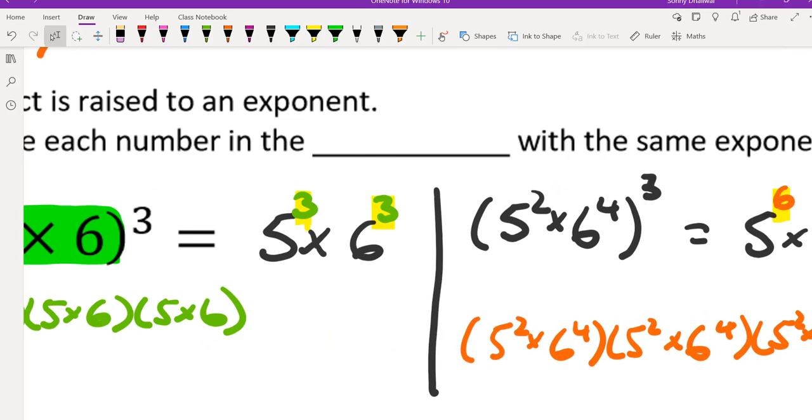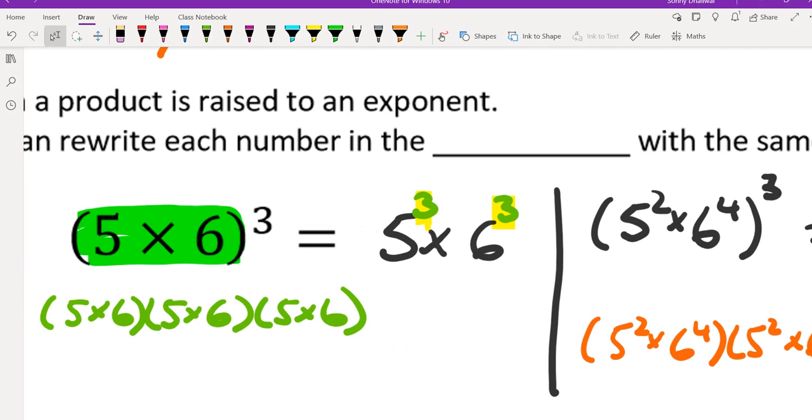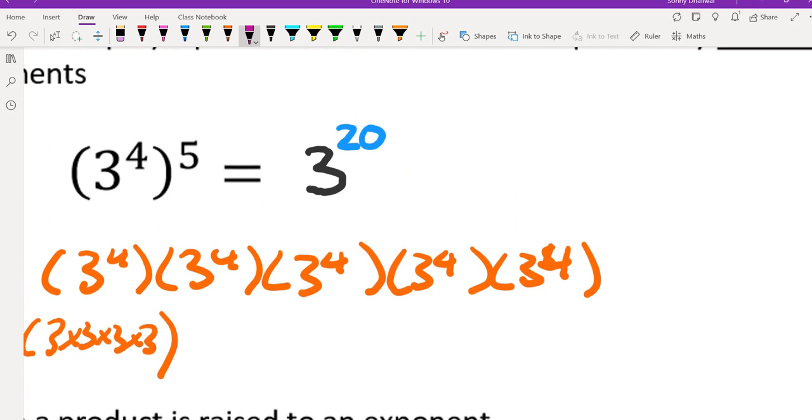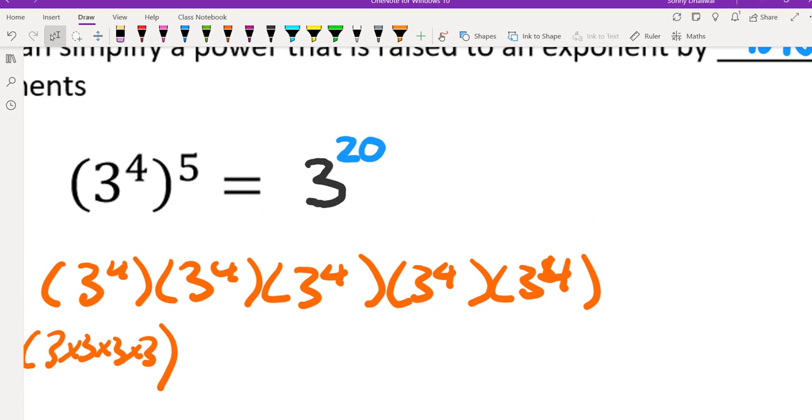And over here, we did the same thing, except when we don't see an exponent, what imaginary number is here? 1. And a little 1 here, and a little 1 here. So 3 times 1 is 3. 3 times 1 is 3. Still the same rule as above. So this rule that we talked about here works for an exponent raised to an exponent.